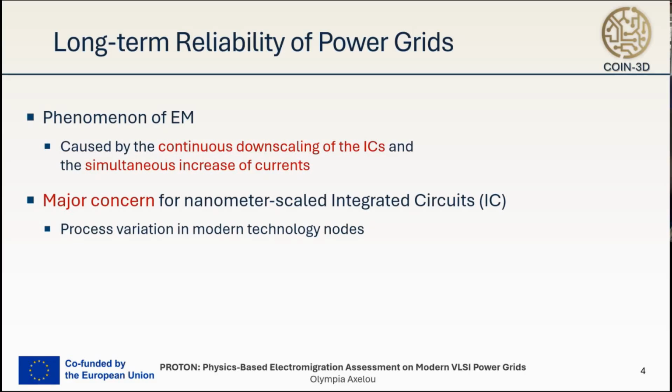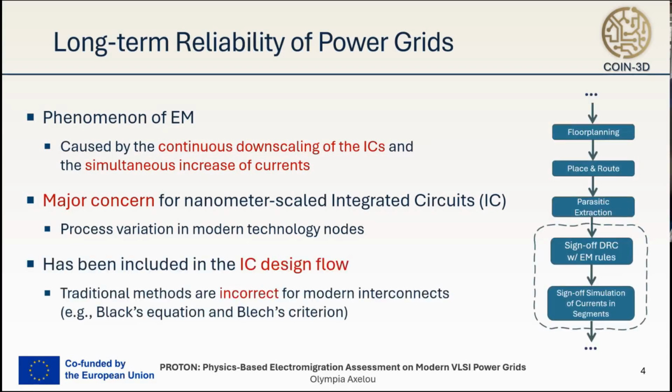actually affects the shape. Now, because of its importance on the chip's lifetime, electromigration reliability analysis has already been included in the integrated circuit design flow, although the methods used are too conservative for modern power grid networks and are based on heuristic models.